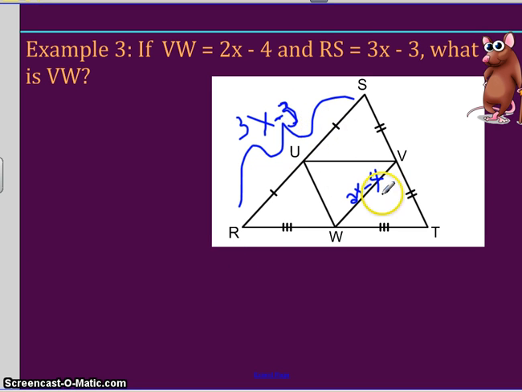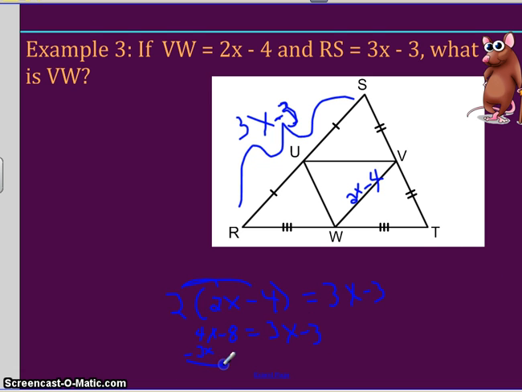Alright, so we know that twice this, or if we double this, it's equal to that third side. So I think we just want to take 2 times 2x minus 4 and set that equal to our 3x minus 3. So a little distributive property right here will give us 4x minus 8, still equal to the 3x minus 3.